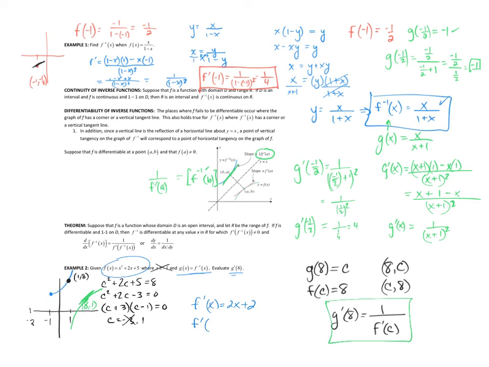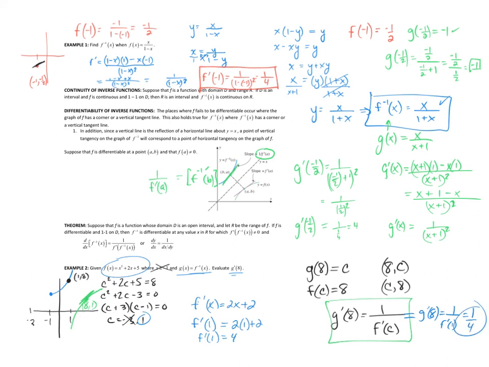I want f prime of 1. F prime of 1 is 2 times 1 plus 2, so f prime of 1 is 4. So according to that, g prime of 8 is equal to 1 over f prime of 1, which is 1/4.